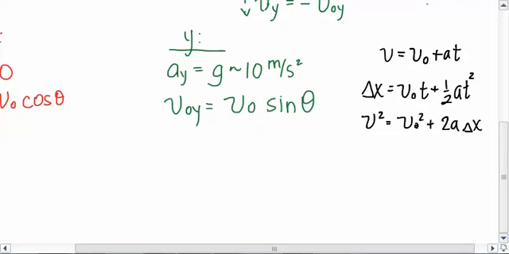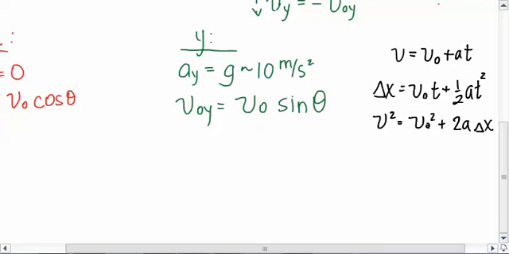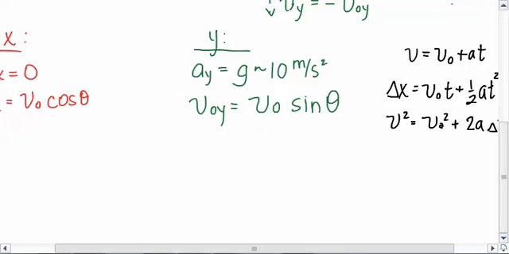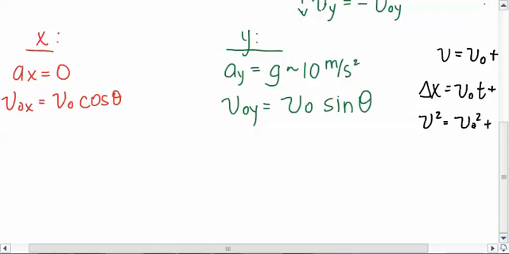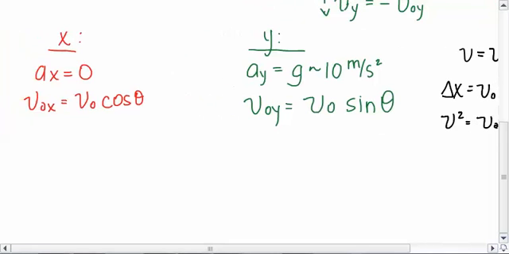Okay, so now let's look at the motion equations in the x and y direction individually. So if my acceleration is 0, what's going to happen to this first equation? It would be vx equals v naught x plus 0t. Oh my goodness, it tells me that the initial velocity in the x direction is equal to the final velocity in the x direction.